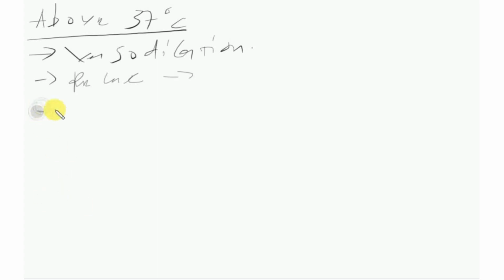Then the other process is sweating. When the body temperature is above 37 degrees, much sweat is going to be produced by the sweat glands, and when sweat comes out onto the surface of the skin, it's going to evaporate, and when it evaporates, it's going to cool the body.